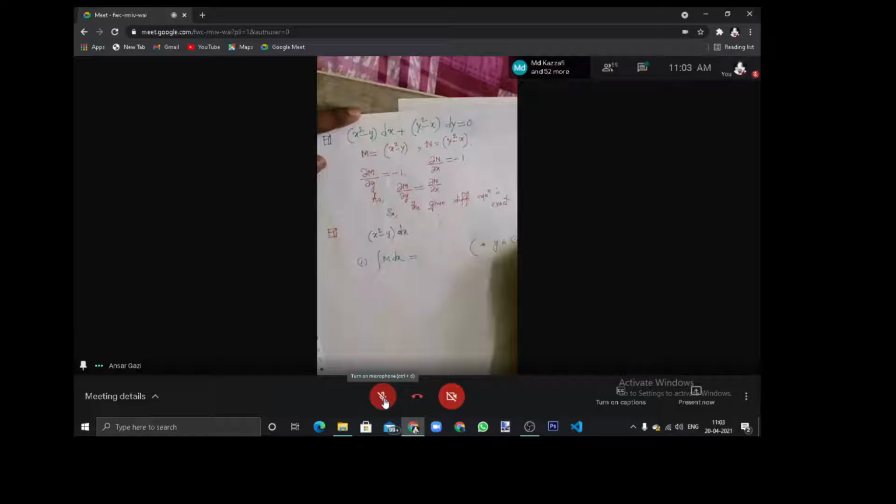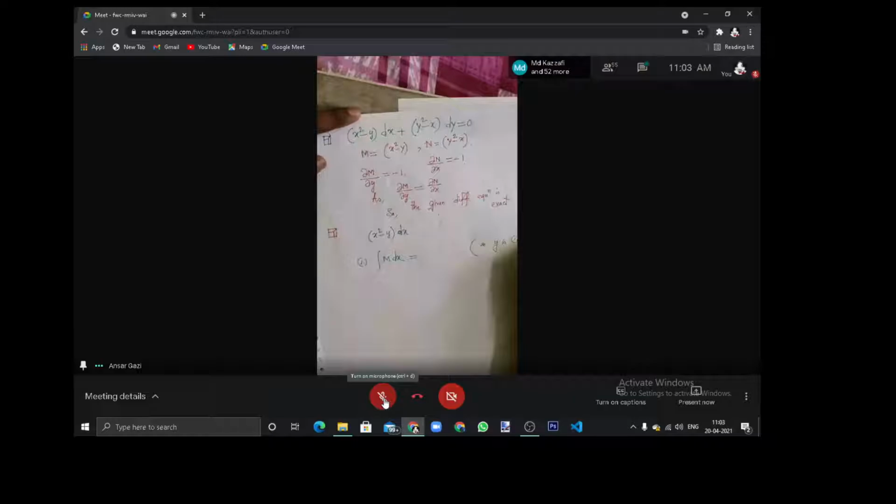Next, first step, integrate M dx. So treat y as constant. So the integration of x square dx becomes x cube by 3. Y is constant, so minus y into the integration of dx, which is x.